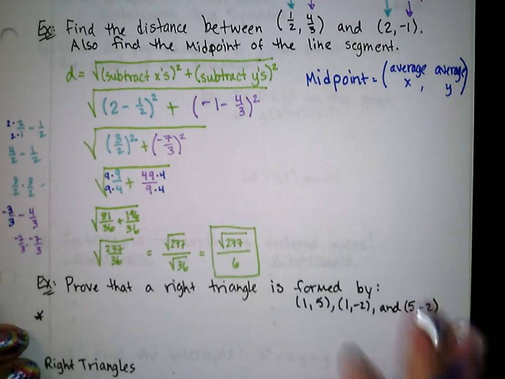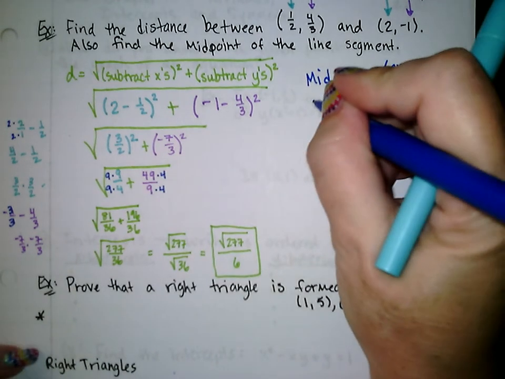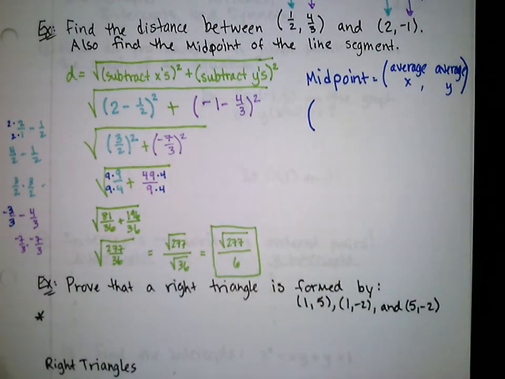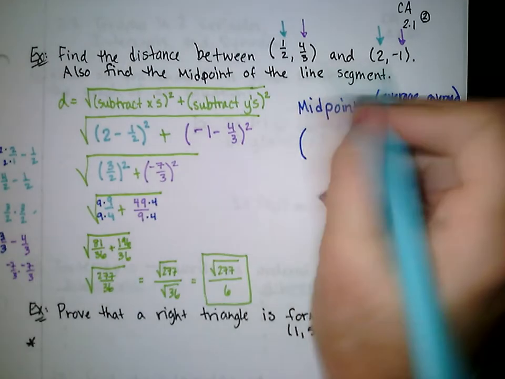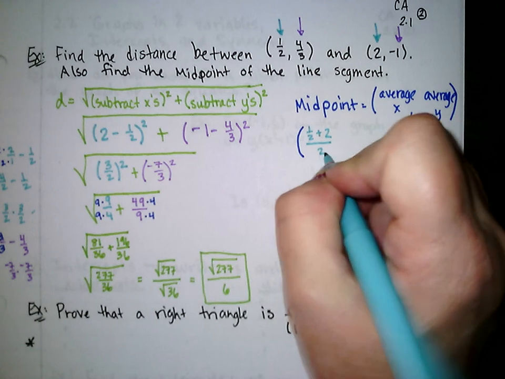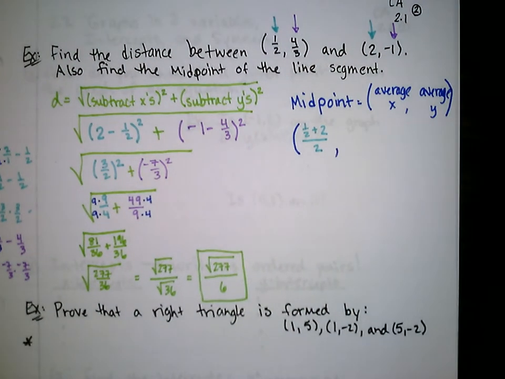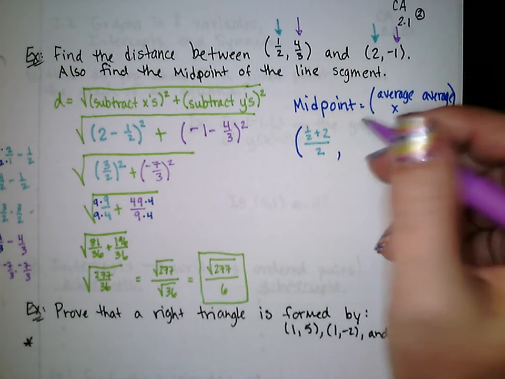So in averages, we're going to add the two values together and divide by 2. So we're going to do the x's. We will take 1/2 plus 2 divided by 2. And then for the average y's, we're going to take 4/3 plus -1, or -1 plus 4/3, over 2.